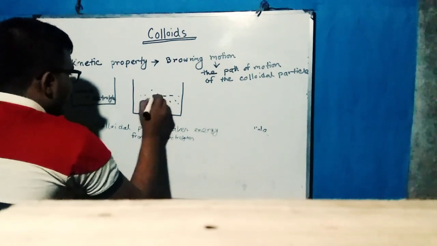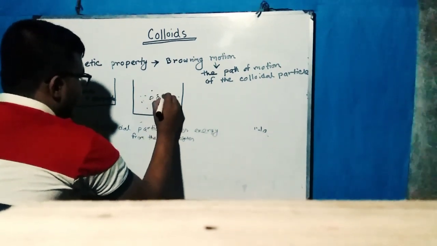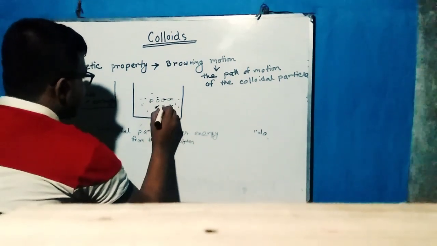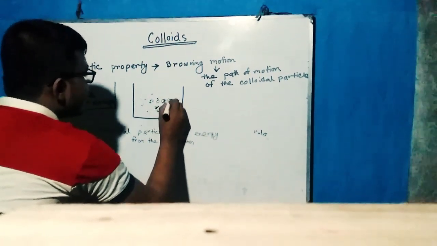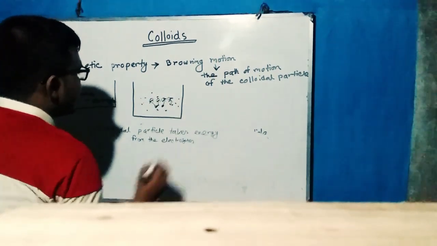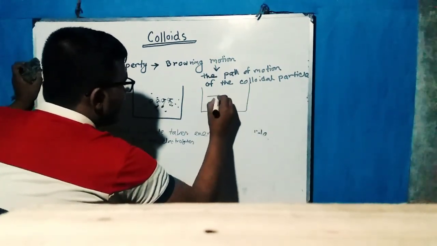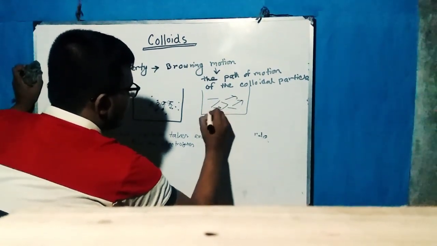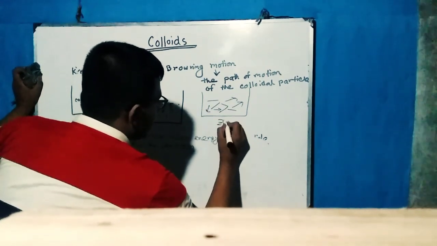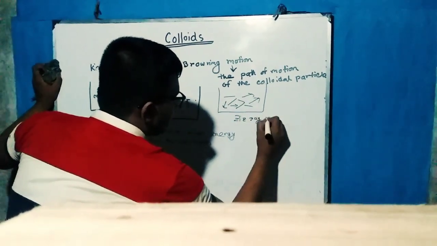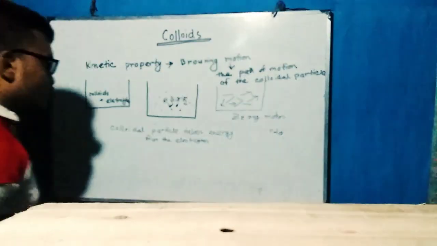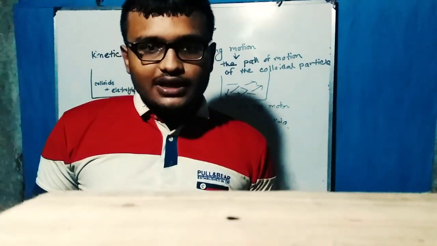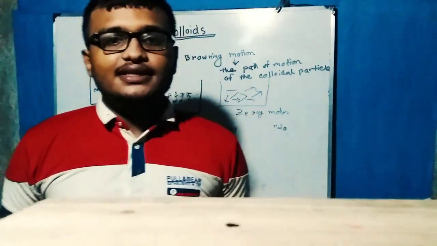Suppose that is the colloidal particle and those are the electrolytes. From the electrolytes, the colloidal particle is taking energy. By taking energy, the motion of the colloidal particle will be like that, zigzag motion. So the Brownian motion states that the movement of colloidal particle will be the zigzag motion.